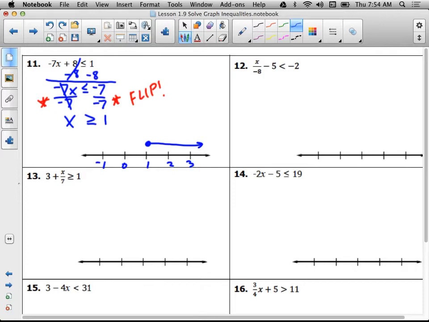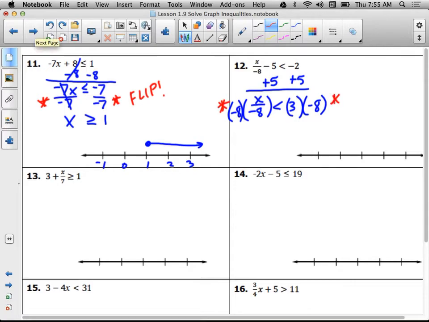Let me put this here, flip. All right, let's take a look at number 12. I see x over negative 8, that's division, minus 5. So I'm going to add 5 to both sides to get the x over negative 8 by itself. Okay, and finally I'm going to multiply both sides by negative 8. Again, this is multiplying by a negative number.